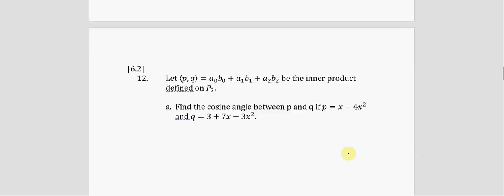All right. So here we want to find the cosine of the angle of these two polynomials. What is p? If I can just write the coordinates, this is going to be 0, 1, and -4. And then for q, 3, 7, and -3.